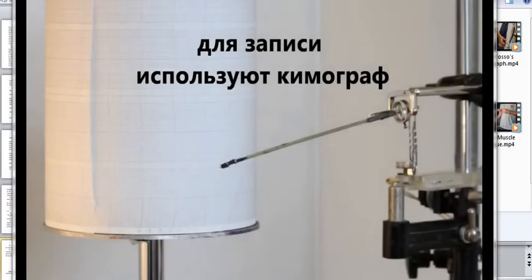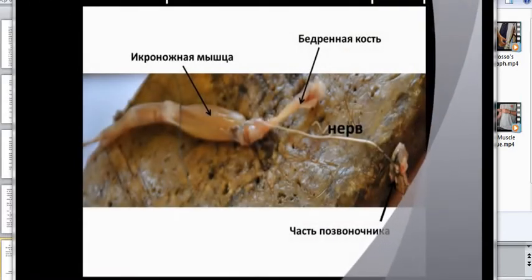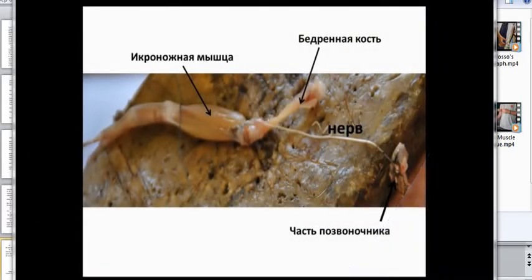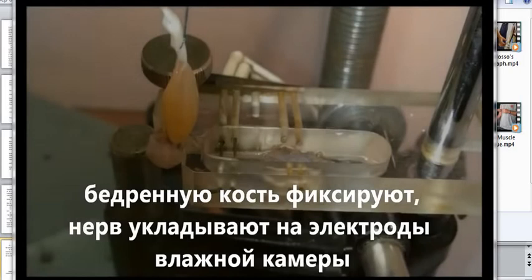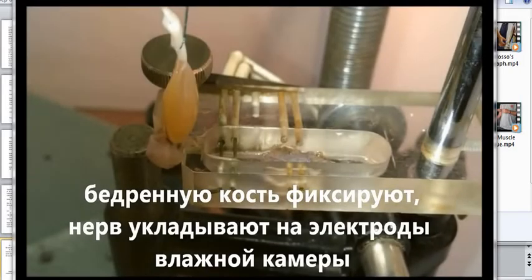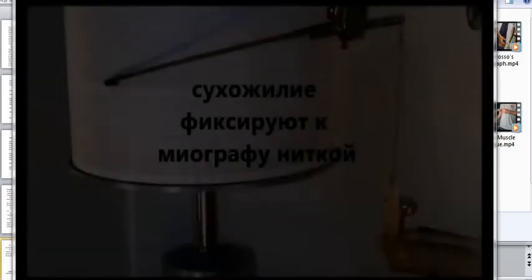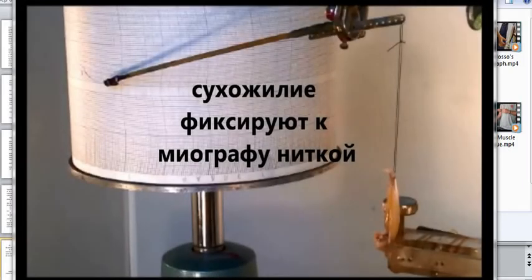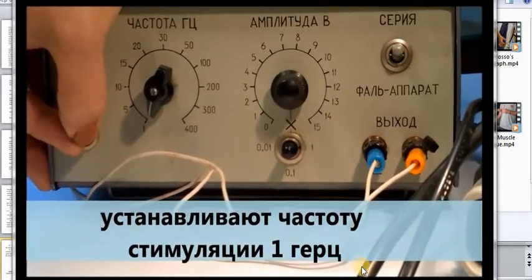We use a special tool named kymograph. Kymos means a wave. We can record the waves during the muscle contraction. Just fix the muscle in a special equipment and connect it to the kymograph with a hook.